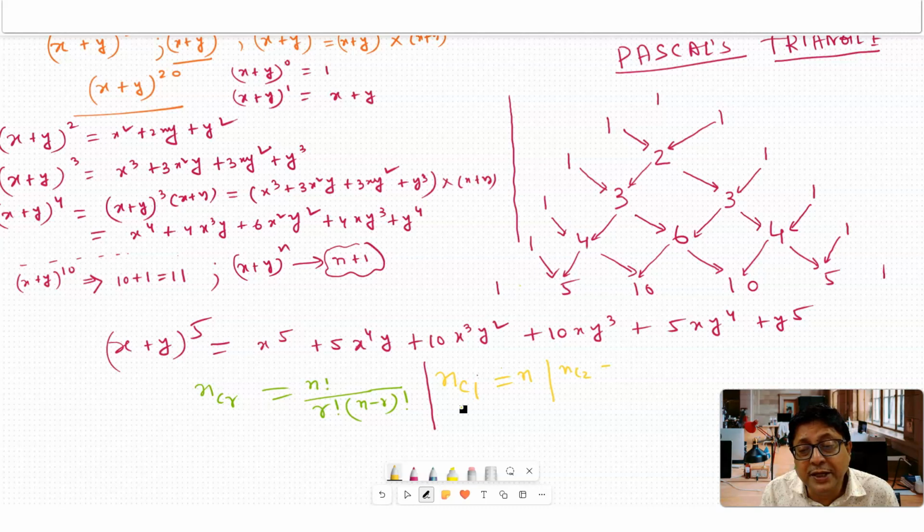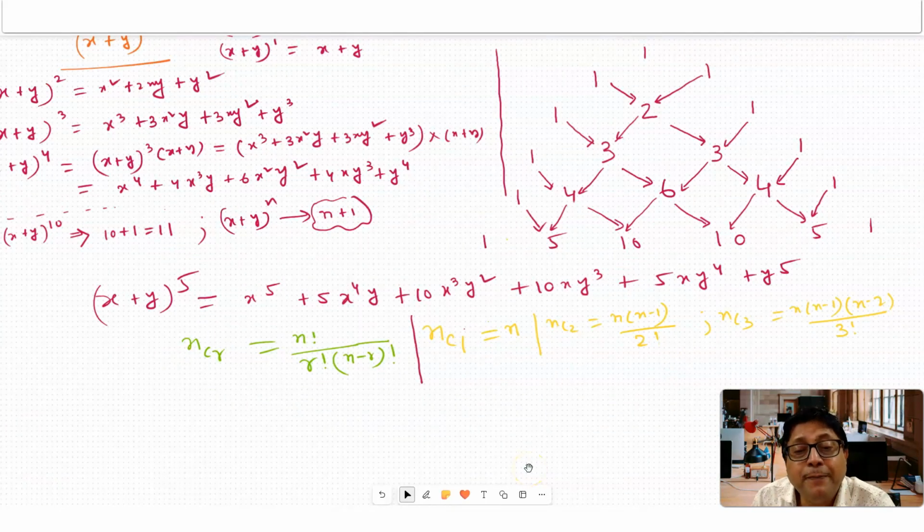NC2, you have seen in combination, is n into n minus 1 by factorial 2. NC3 is n into n minus 1 into n minus 2 by factorial 3. So if I plan to write all these coefficients you got by using the NCR formula, that will be appropriate. It might give you an easier way to expand a binomial.